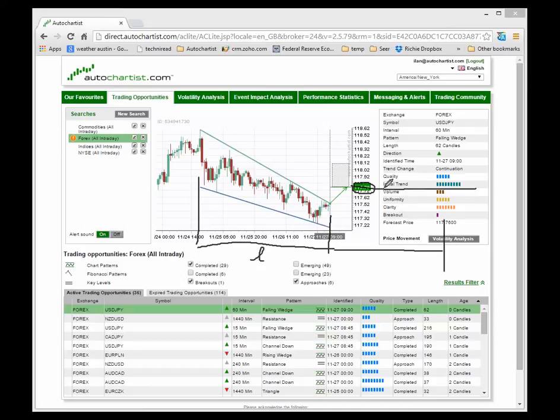Now, if we take those three into account and we click over to our performance statistics section, I'll just wait for all of your screens to come up. You will notice that hasn't come up on your screen yet. Errol, can you just give me a hint whether that's updated on your side? Can you see the performance stats page?